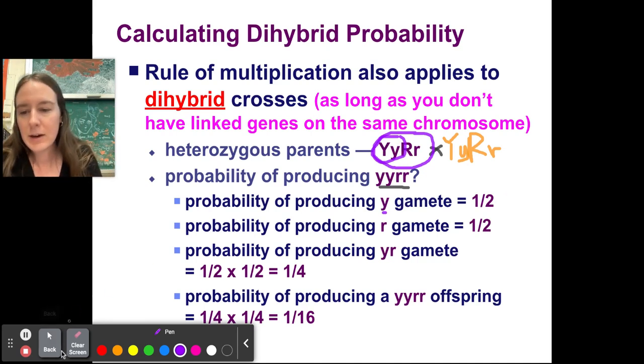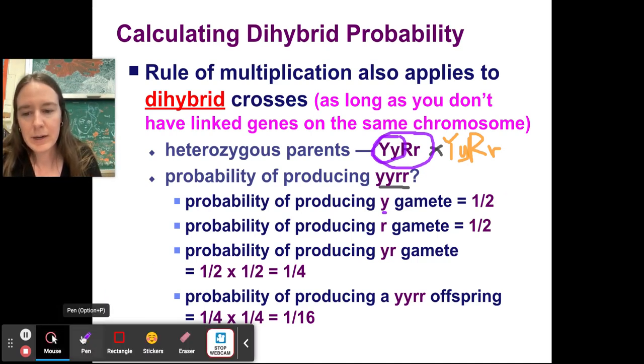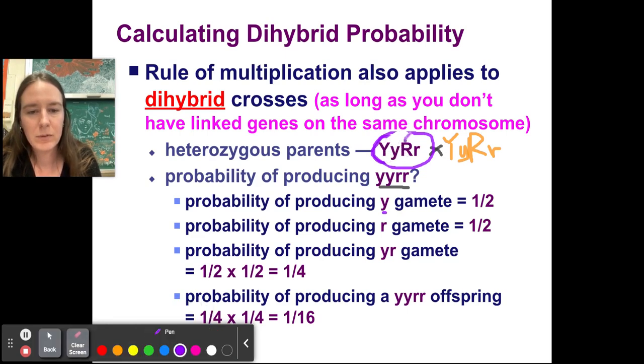Okay, now let's go back and zoom in on this gene for this parent. This is still one organism. What's the chance that this flower is going to produce a little r gamete? Well, it only has two options, so it's a 50-50 chance which one is going to be selected for the offspring. So we have 1/2.